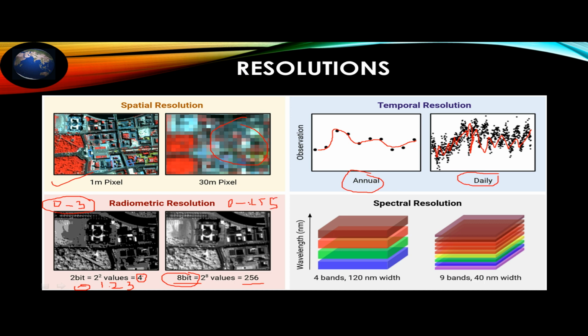So the brightness value of the imagery varies from 0 to 255. You can see more clear variation here. In this imagery it is a bit darker, not a clear image. So radiometric resolution speaks about the data quality.